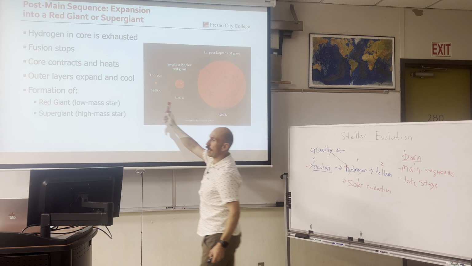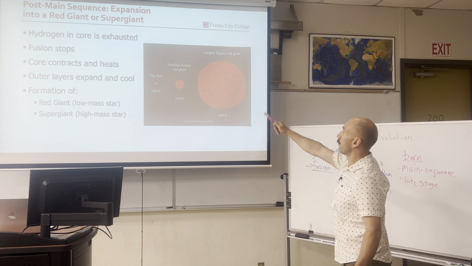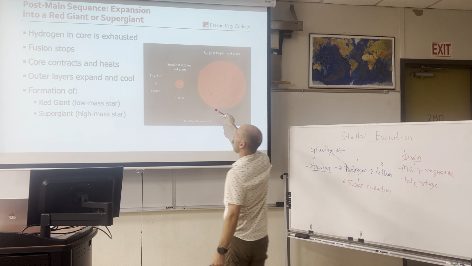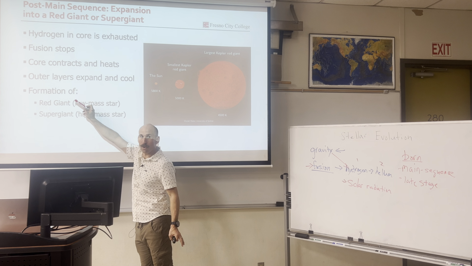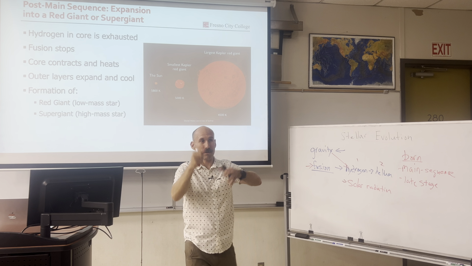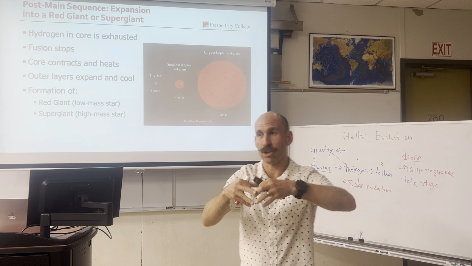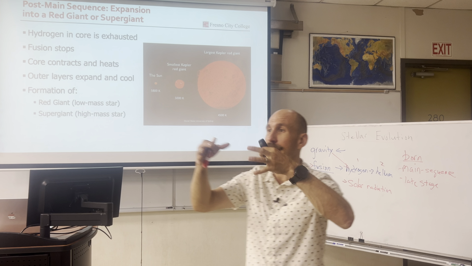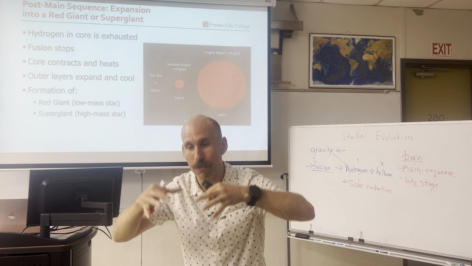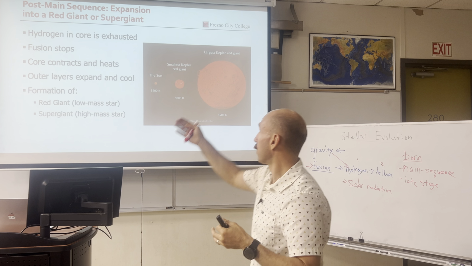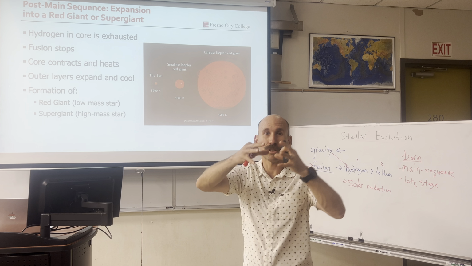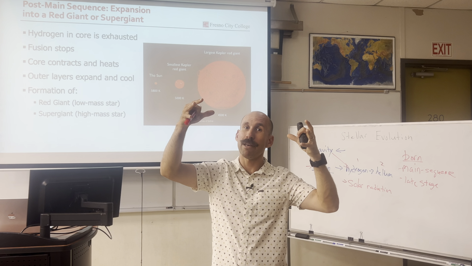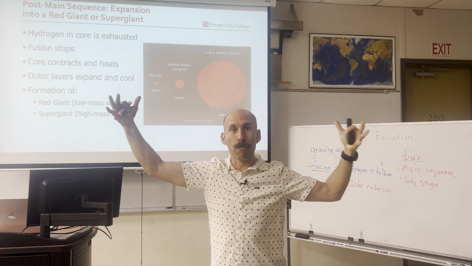So this is when the hydrogen in the core is exhausted, the fusion stops, the core contracts and heats up, but the outer layers expand and cool. So the star is past its stability, and it's in the later stages of its life. And now, because of all of these things that I've highlighted here, the star expands a little bit, red giant, or a lot, supergiant.